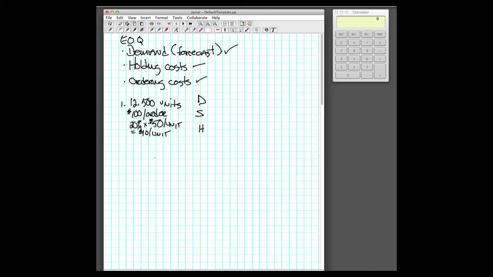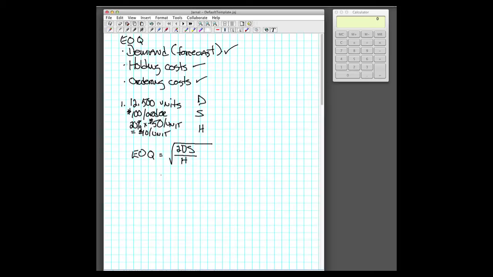And when we look at how that changes over time, we come up with a relationship that can be stated at its most basic the following way: any economic order quantity is going to be equal to the square root of 2 times annual demand times ordering costs, all divided by holding costs.